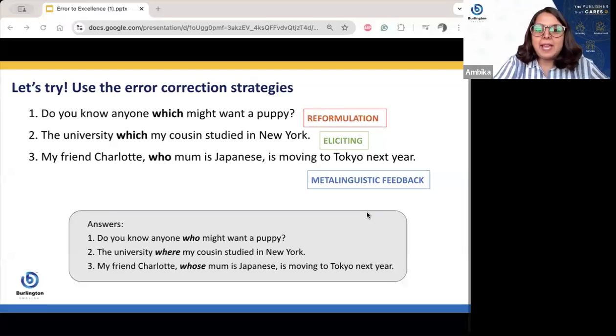Great. And now we come to the last one, which is meta-linguistic feedback. So here, remember the kind of question in the rules that we had posted, the CCQ? So similar to that, can you come up with a question for the third one?